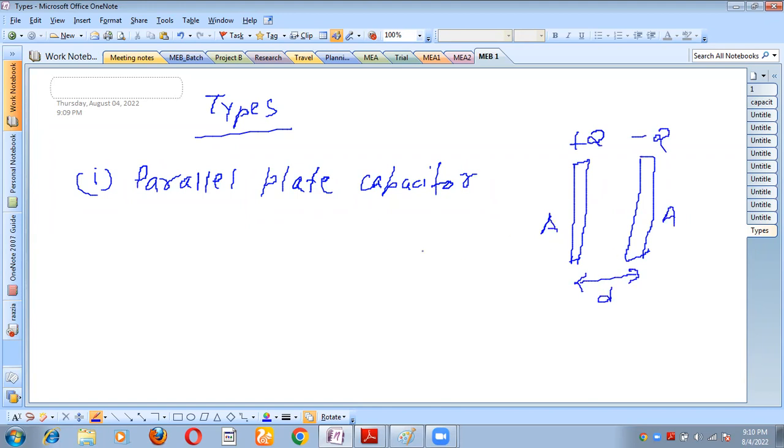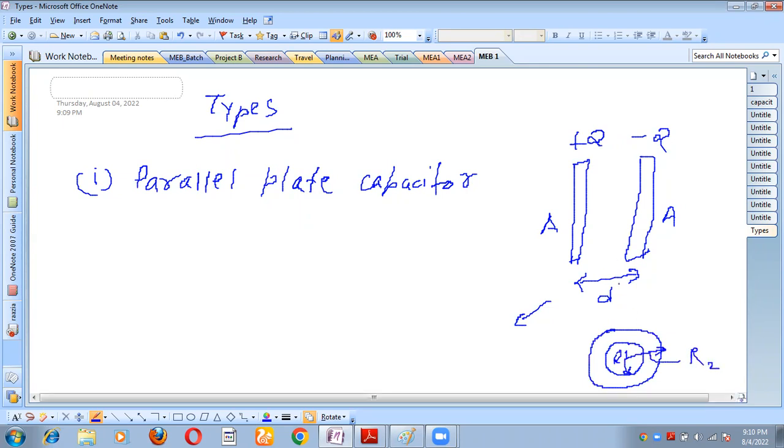The plates should be parallel. It is not mandatory that plates should be square or rectangle. Maybe circular plates, like spherical plates, can also form a capacitor. Like we have two spherical shells of radius R1 and radius R2. Such a combination can also form a capacitor.